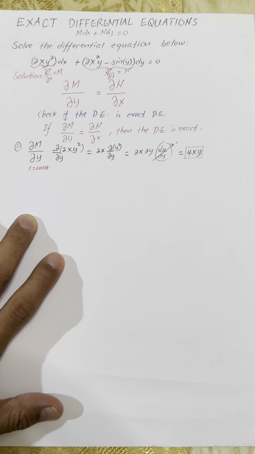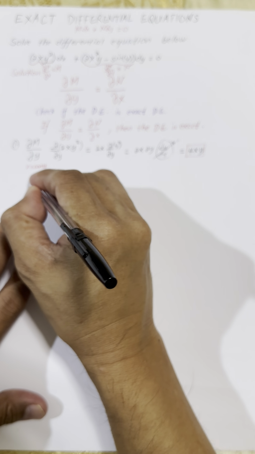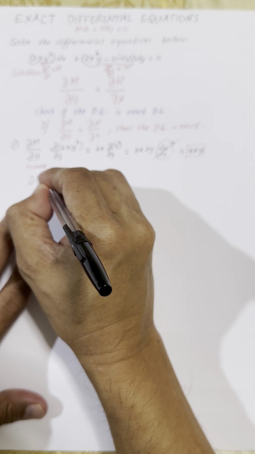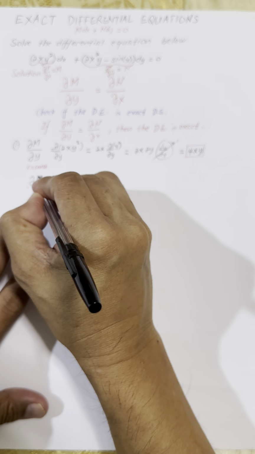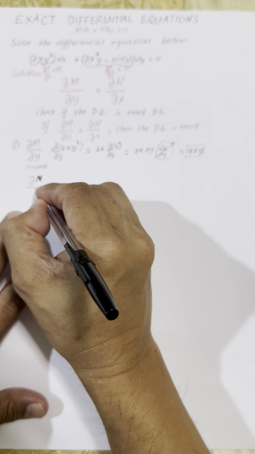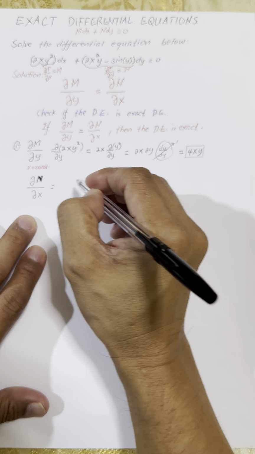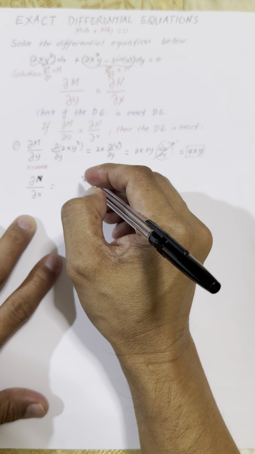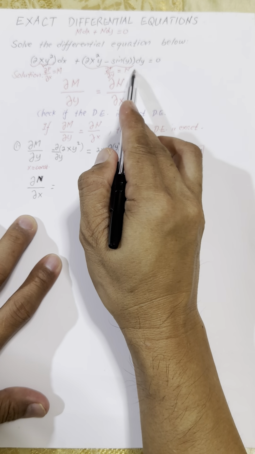Then next, we have to find the partial derivative of n with respect to x. So what is our n? Our n is this one.